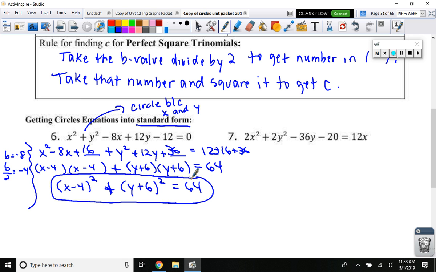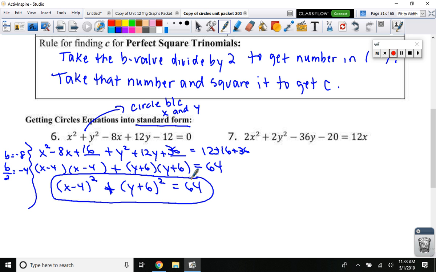If I asked you what's the center of this circle, could you now tell me? Yeah. What's the center of this circle? 4, negative 6. 4, negative 6, right? And what is the radius of this circle? 8. Okay, so then you could graph it. If I told you to graph it, you could graph it, right? Because you could plot the center and you could count out 8, 8, 8, 8, and draw it. You guys with me? Okay.